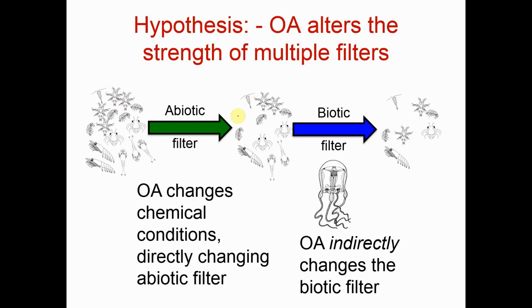Then we have our community of species able to pass through the abiotic filter. They then have to get through the biotic filter, which in the case of this experiment is the threat of predation from a jellyfish. But ocean acidification could indirectly change the biotic filter because it changes the shape of the skeletons that are present in prey, and this makes them more susceptible to being eaten by predators.